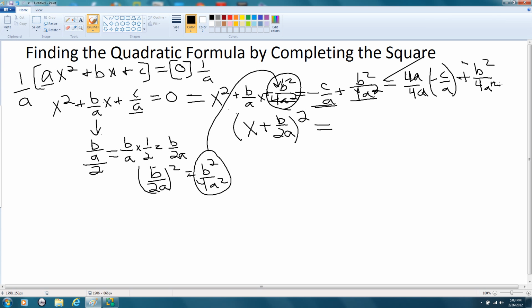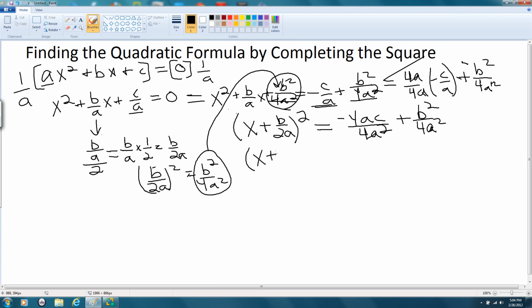So this becomes 4ac, it's actually negative 4ac, all over 4a squared. And this becomes the same thing, b squared over 4a squared. Now, I'm going to just rewrite this part.